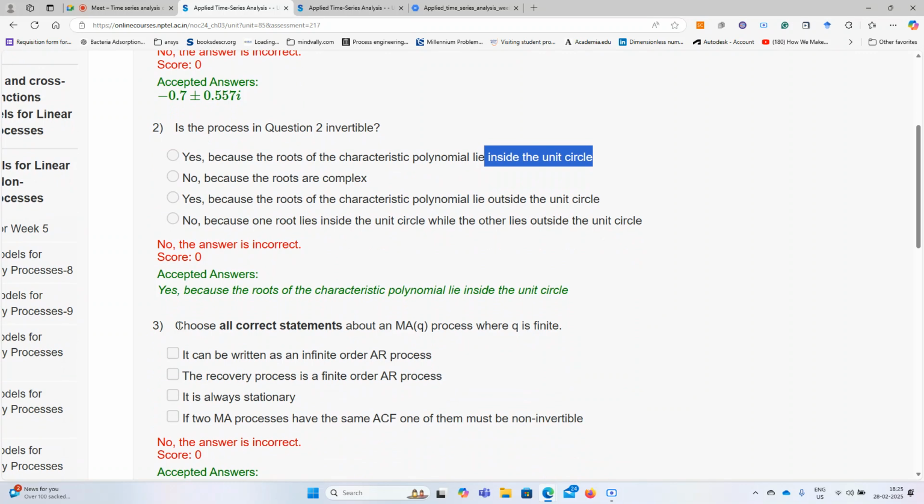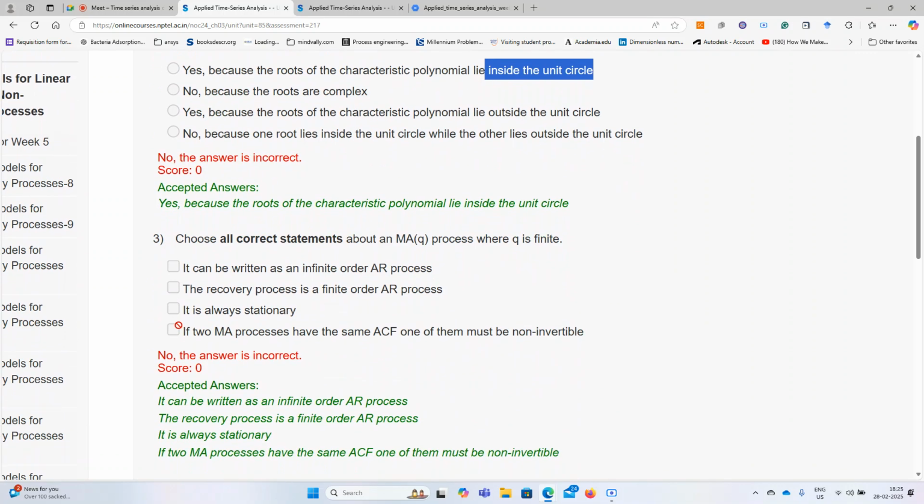Choose all correct statements about the MA process where q is finite. So you go only a finite distance, in finite steps, forward. So all the answers are correct.